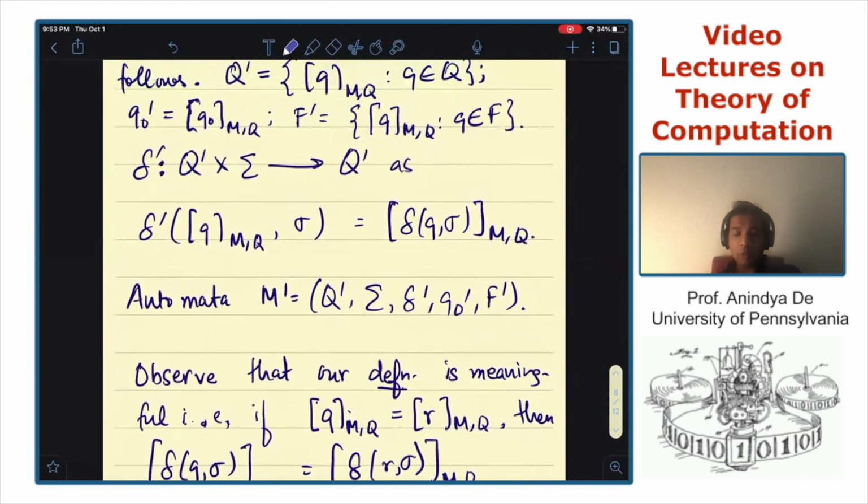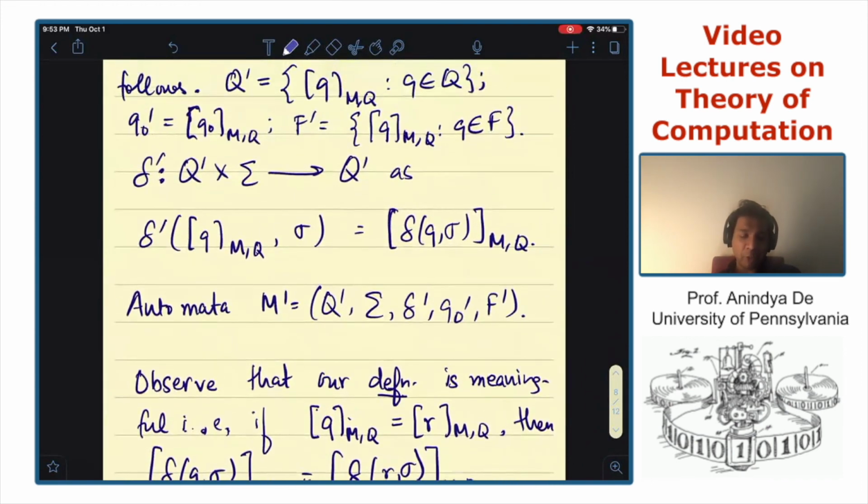What does it mean? Our definition is well defined, except potentially for the transition function. This consideration again arose, if you remember, in the proof of the Myhill-Nerode theorem as well.